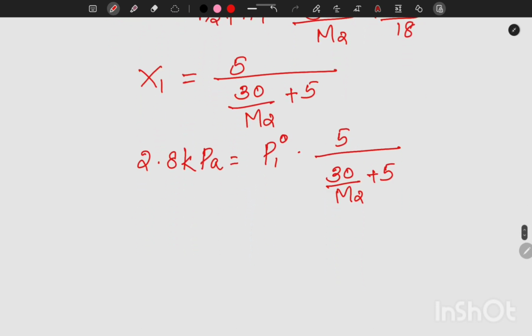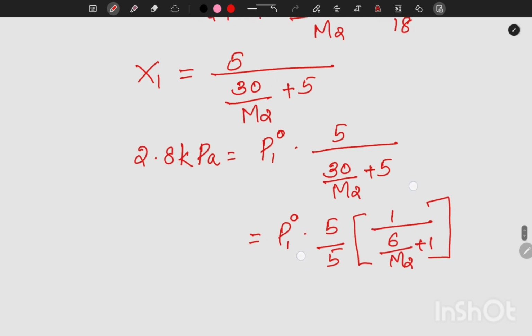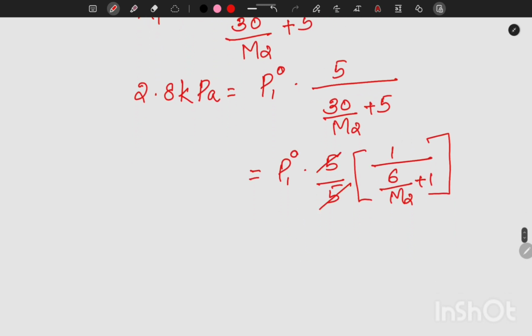So let us take 5 as common factor. P1⁰ into 5 from the numerator as well as from the denominator. So 1 by 6 by M2 plus 1. Now the 5 and 5 cancel.